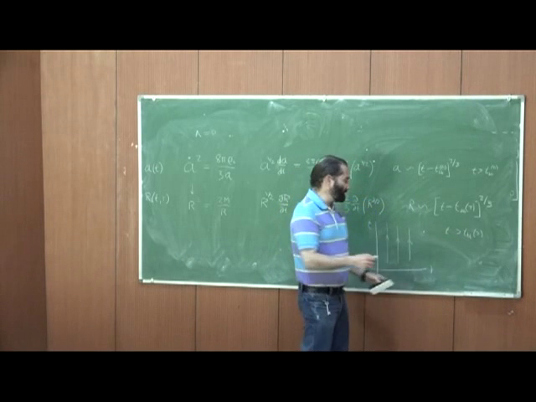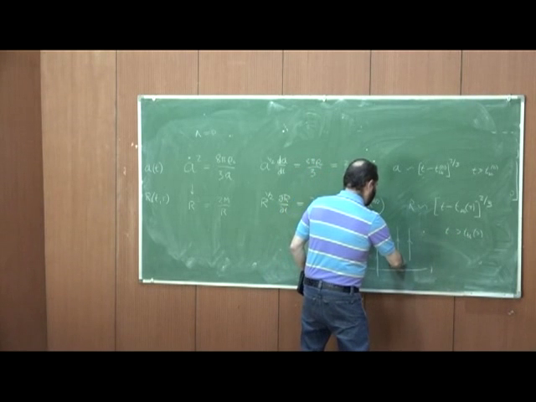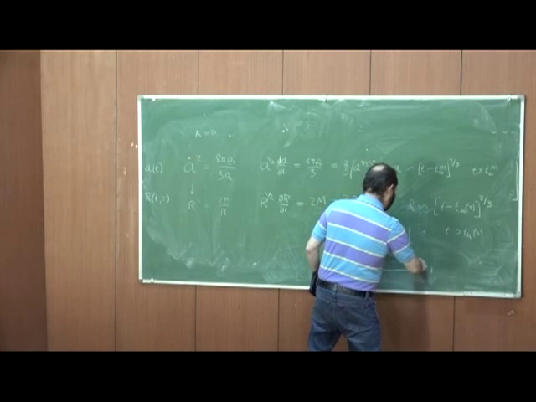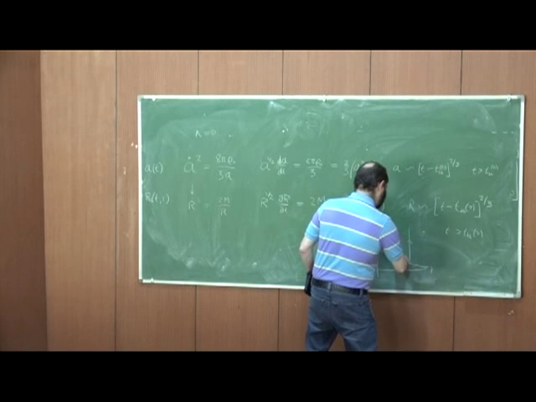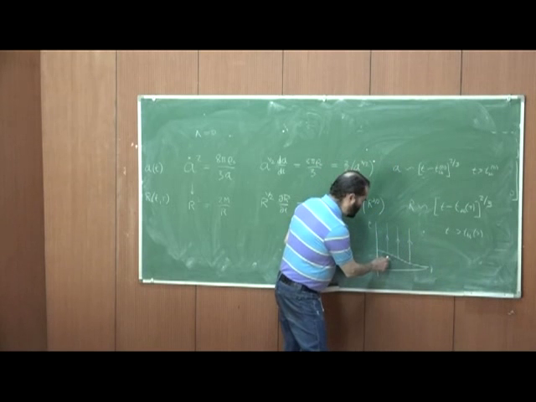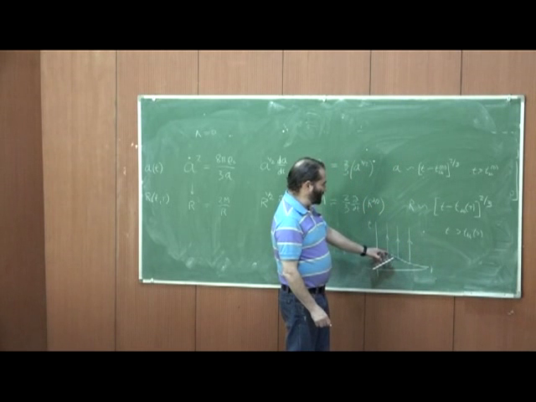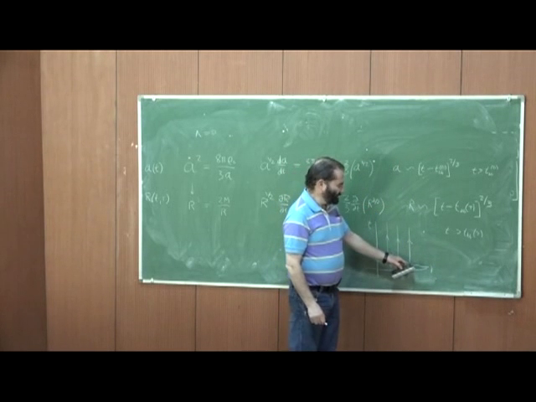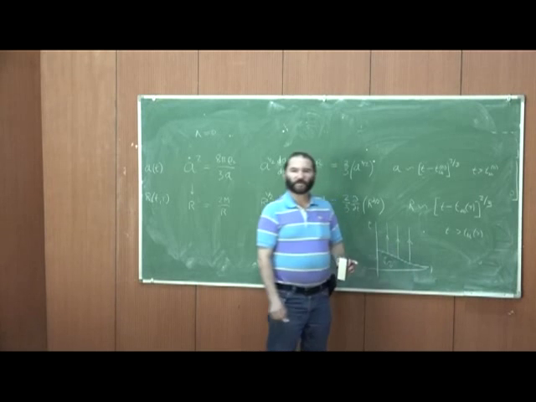Now, what is the Big Bang time? The Big Bang time is some sort of surface here. See, this is t_BB of r. So you see that the Big Bang time happens at different times for different observers.